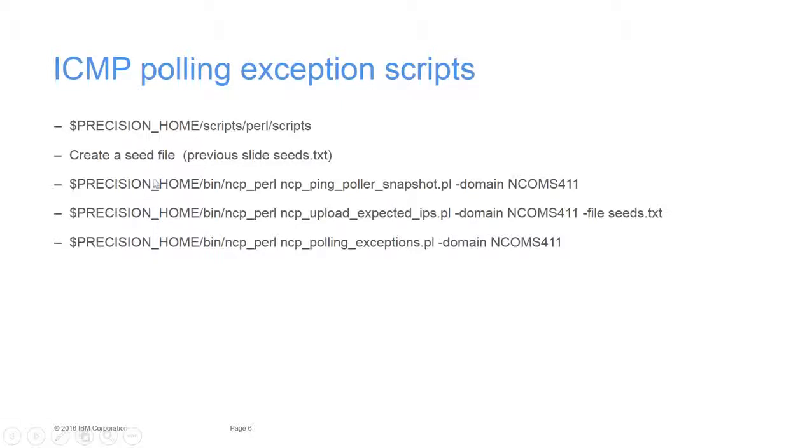We're going to run 3 scripts from that directory. We're going to do a ping polar snapshot against my domain. We're going to upload the IPs that I'm interested in with the upload expected IPs.pl script, and I list the seed file, and then I want to see the output of that.